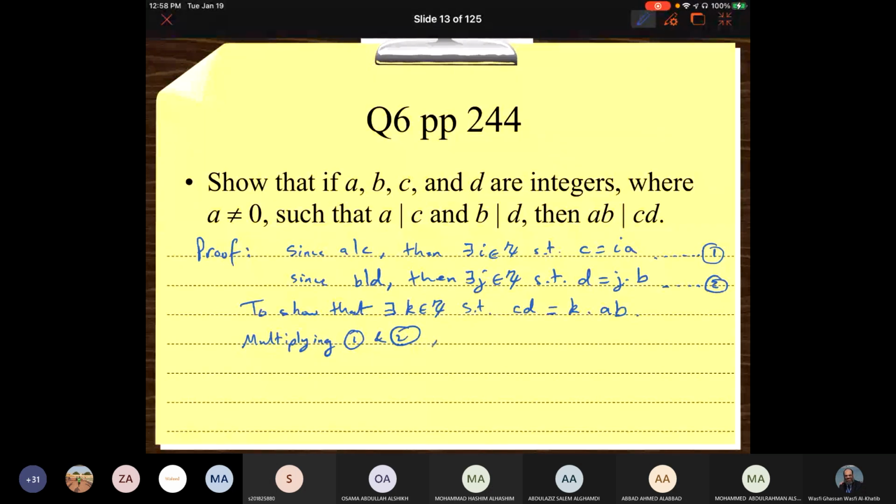Multiplying 1 and 2, we get C times D is nothing but IA multiplied by JB. Right. It's KAB. What is K? K is I times J.